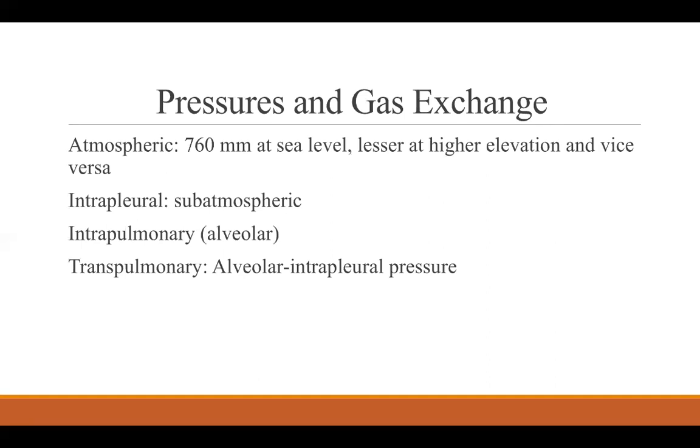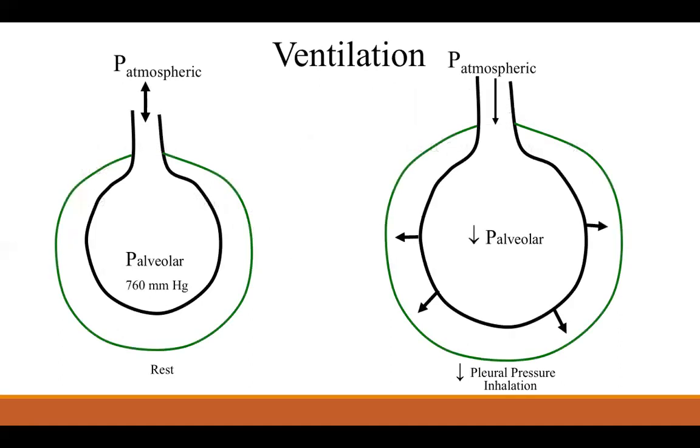So in this new situation, 762 minus 758 is still going to be a difference of 4. So that is the kind of pressure we maintain between the alveolar and the pleural pressures. That is what we call transpulmonary pressure. Good. All these are simply essential in understanding what happens during inspiration.